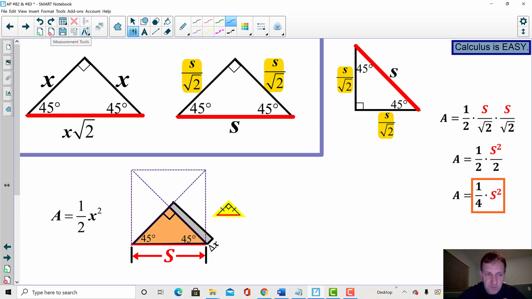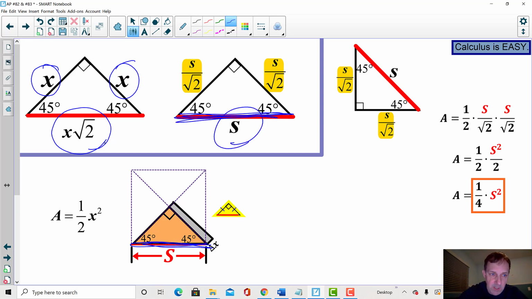If you remember the rule for a 45, 45, 90 triangle, the rule is that you're going to have x, x, and then the hypotenuse is x√2. The only thing we know about our triangle is that the hypotenuse is our s. So we're going to match it up. We're going to say, well, s is going to equal x√2, and then we'll solve it.